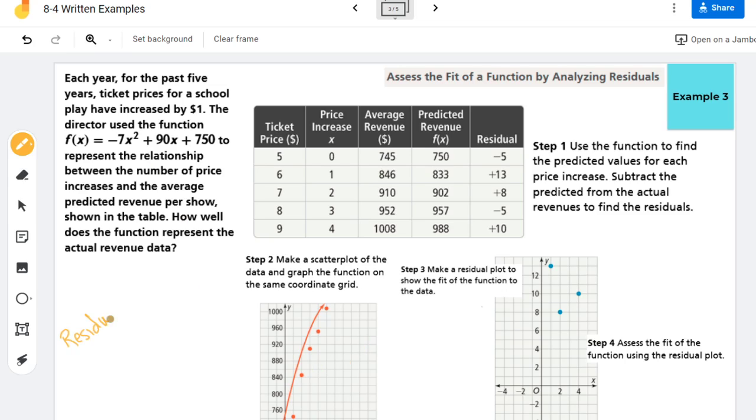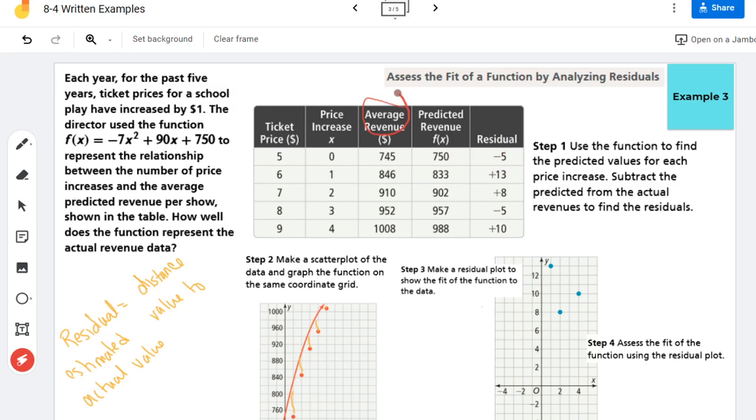Okay, I'm going to go ahead and write this out. So again, the distance from the estimated value to the actual value. So it's like all these vertical distances that you see here. And so the first thing that they did was they actually calculated what those differences were.